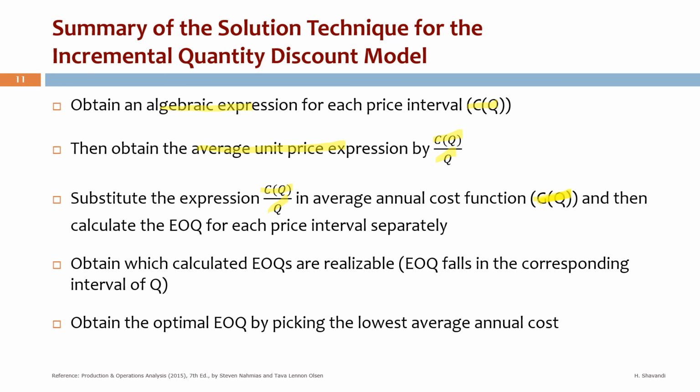Then we find which EOQs are realizable, that is, feasible, falling in the corresponding interval of Q, and among the feasible ones, we pick the one with the lowest average annual cost as our optimal EOQ.